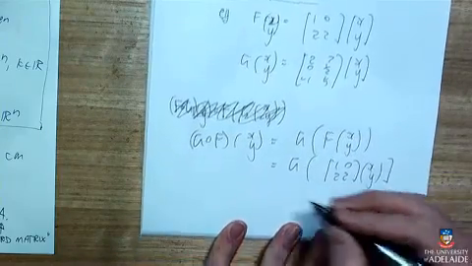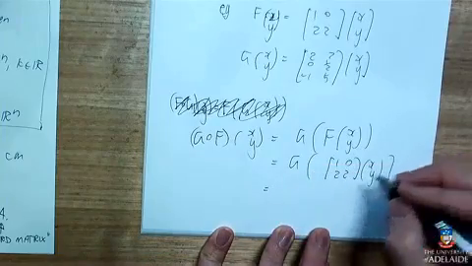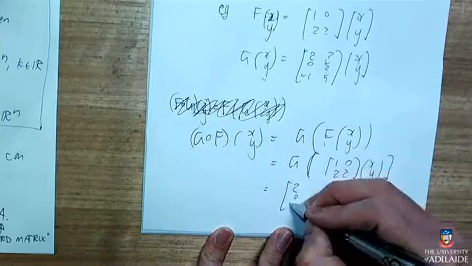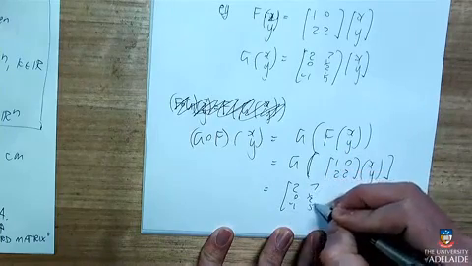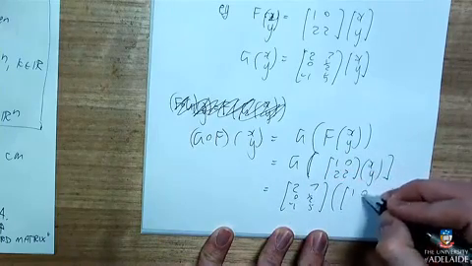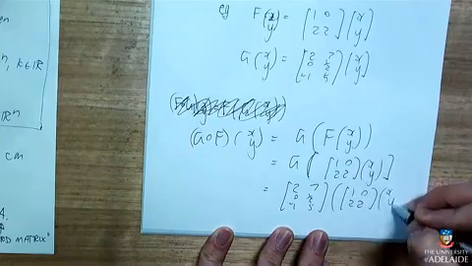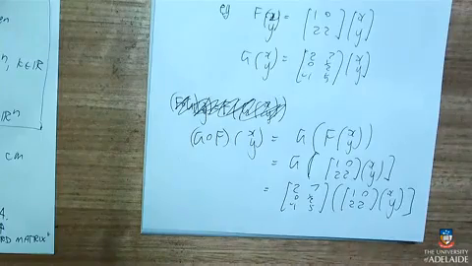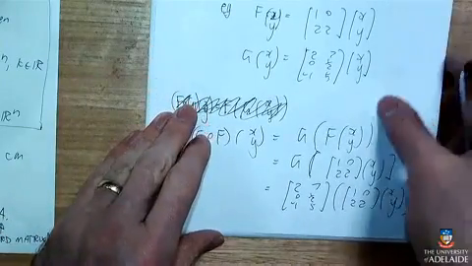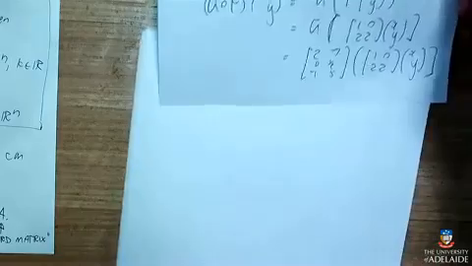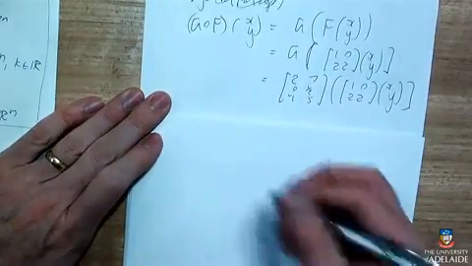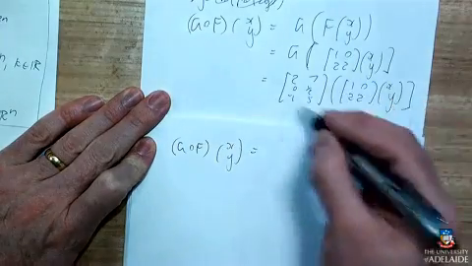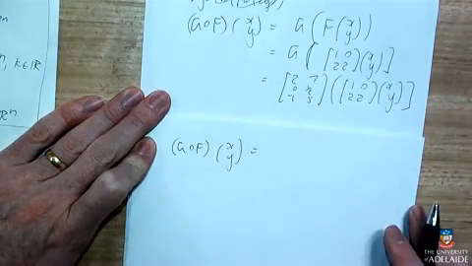and g of anything was [2, 0; -1, 7; 1/2, 5] times this thing. And so now we have g of f is this formula. Is whatever this matrix multiplication works out to be.